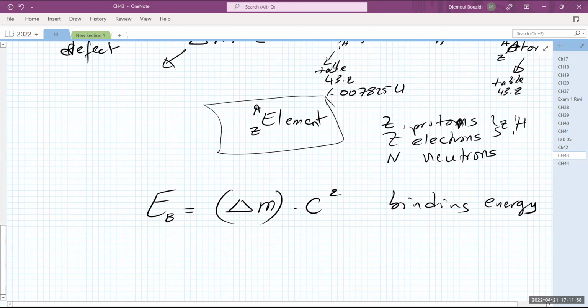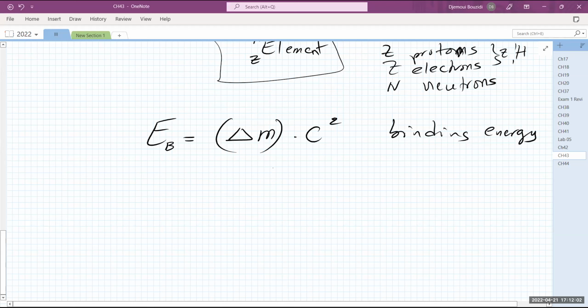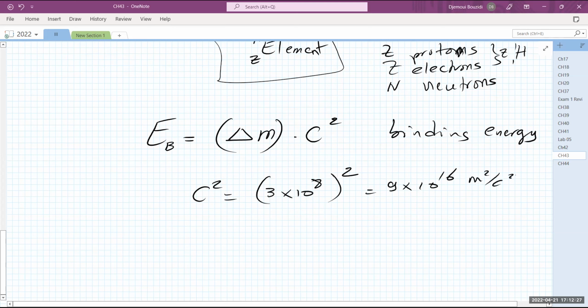Okay. A word about the units. c squared is equal to 3 times 10 to the power 8 squared, and that is 9 times 10 to the power 16 meter squared per second squared.